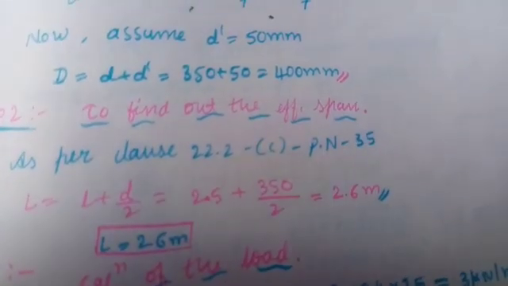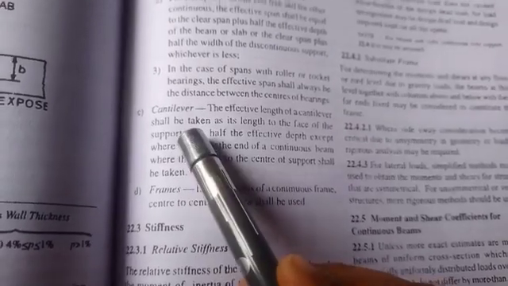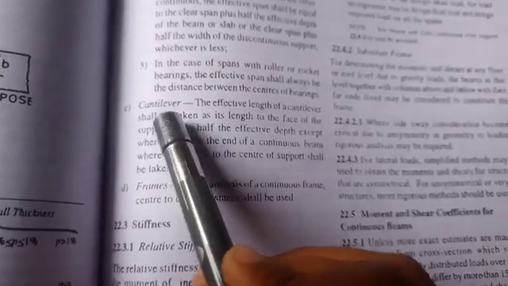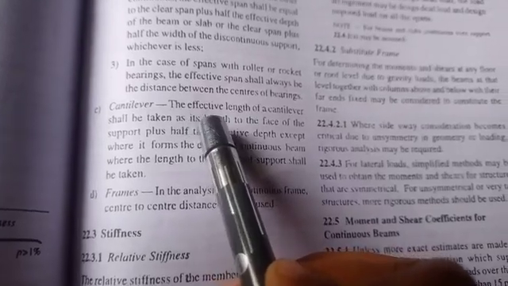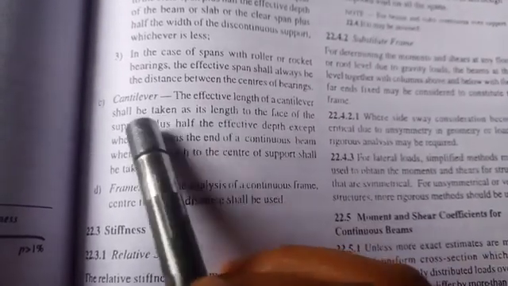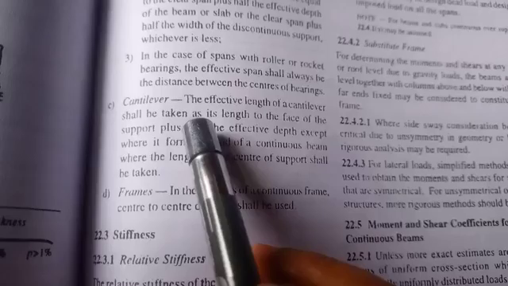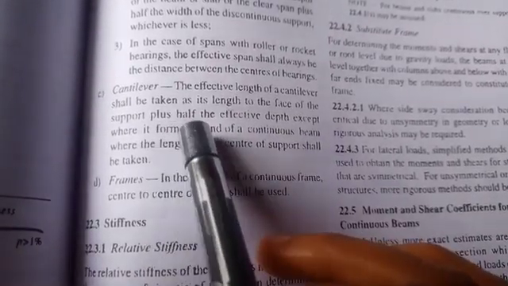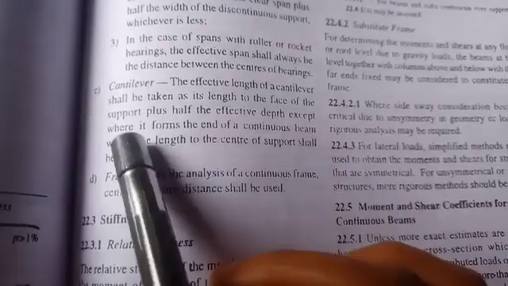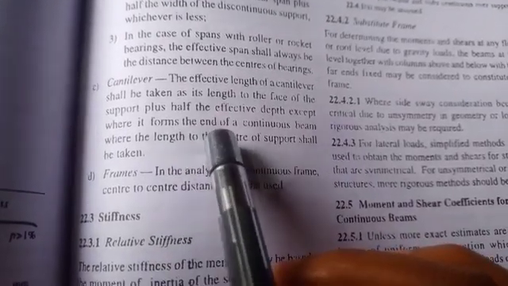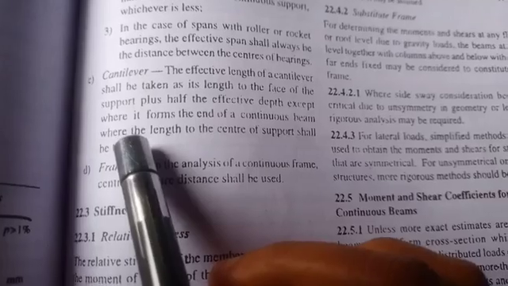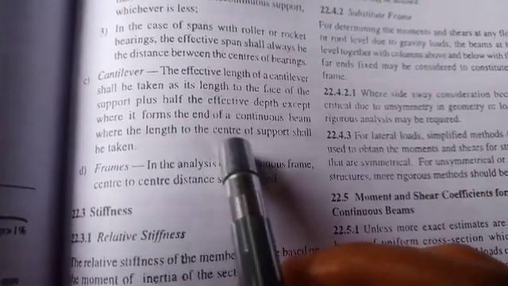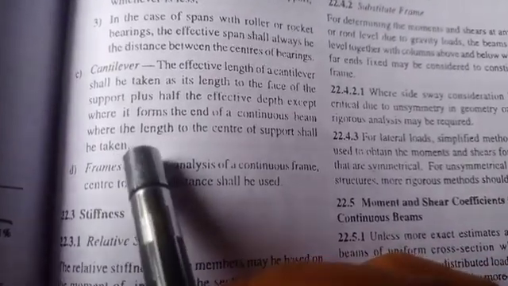For a cantilever beam, the effective length of a cantilever shall be taken as its length to the face of the support plus half the effective depth, except where it forms the end of a continuous beam, where the length to the center of support shall be taken.